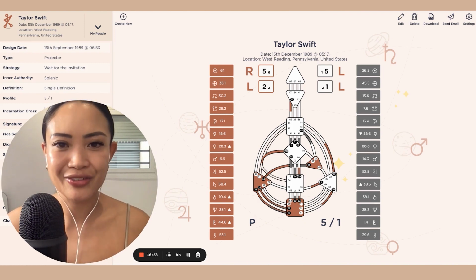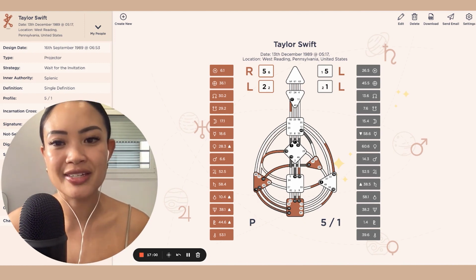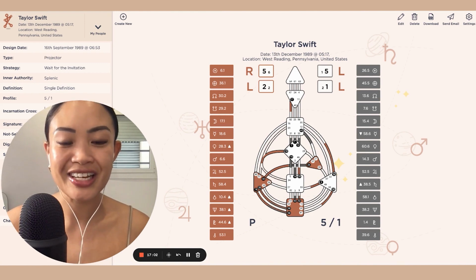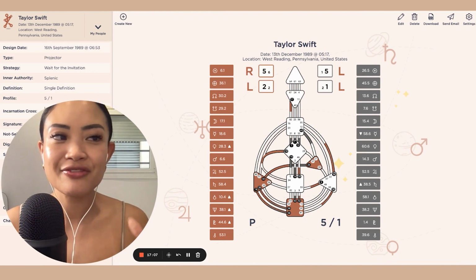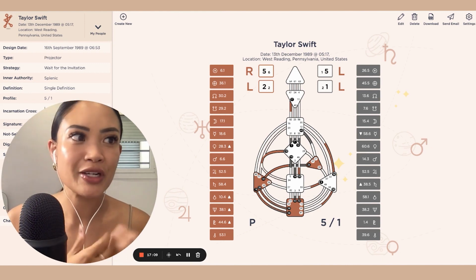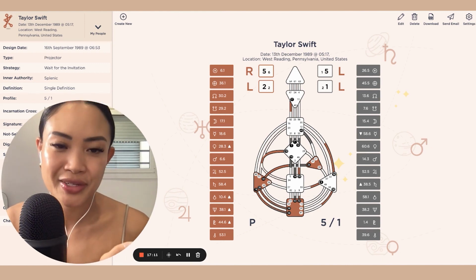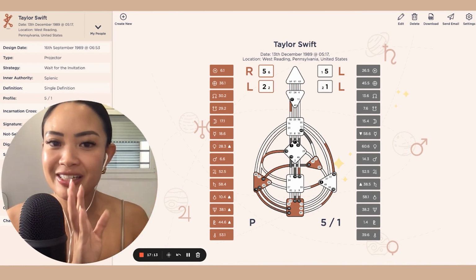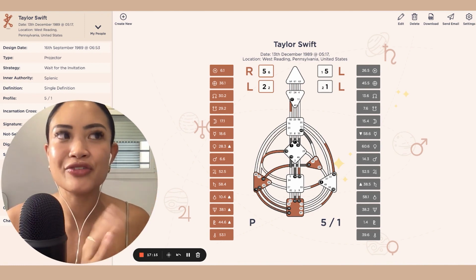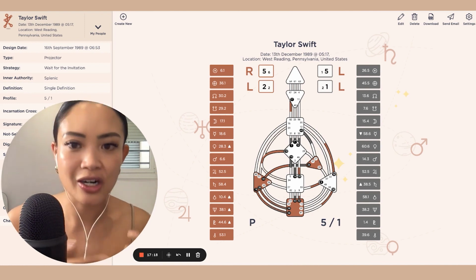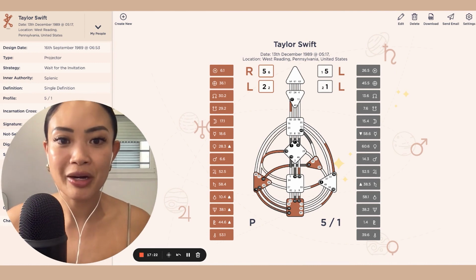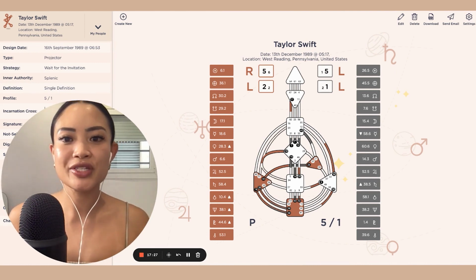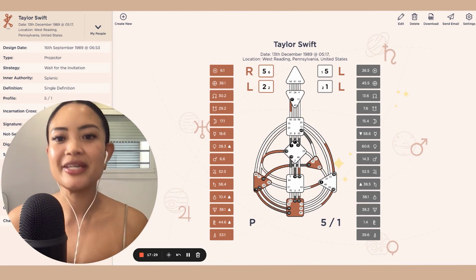This is just the beginning of her speaking up and speaking her truth, because in 2018, further on in that year, in the middle of her Saturn return, she finally built up the courage to also speak her truth and share her political views, despite years of her team and her management coaching her and advising her to never ever share her political views with the public, so that she wouldn't receive backlash, so that she wouldn't be canceled.